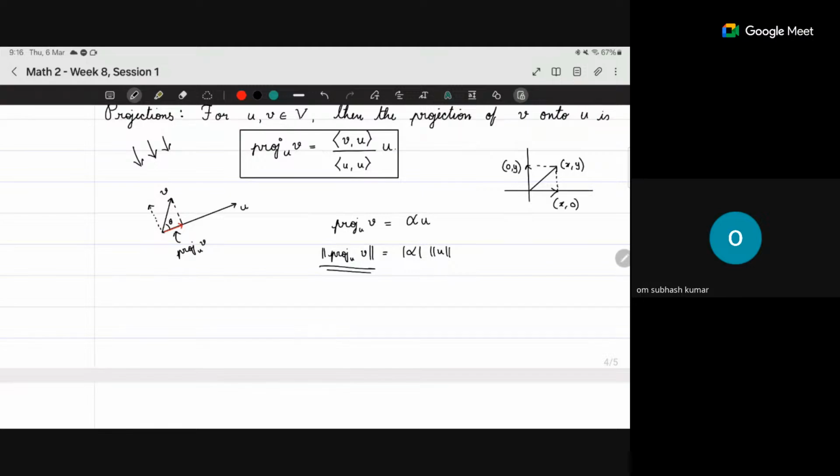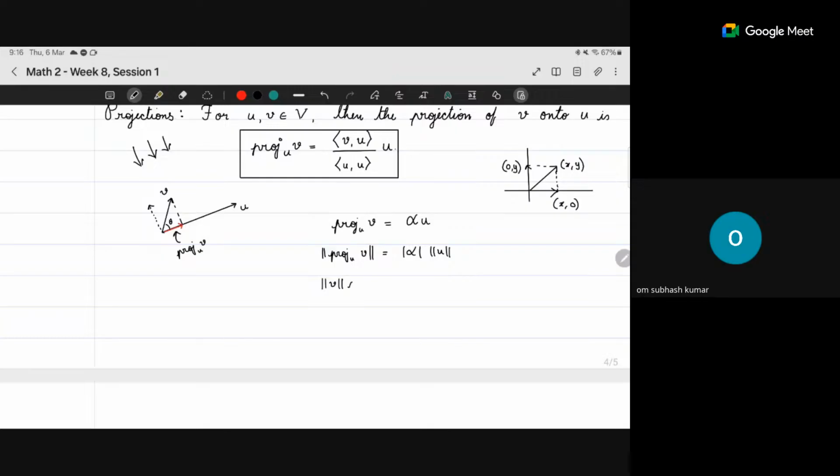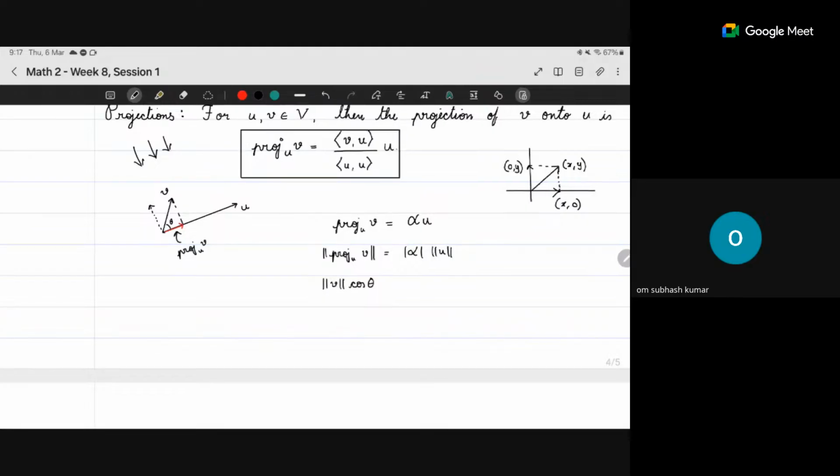You remember that the projection of v onto u is this red vector. Norm means length, right? So cos theta would be the length of the projection divided by the hypotenuse. The hypotenuse is v. So the length of the projection is this. Do you get this?